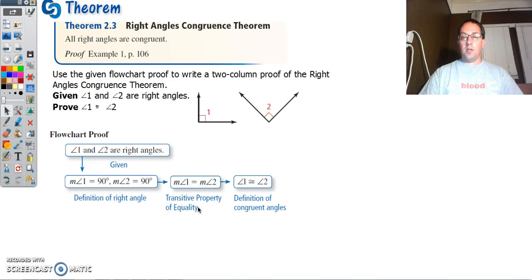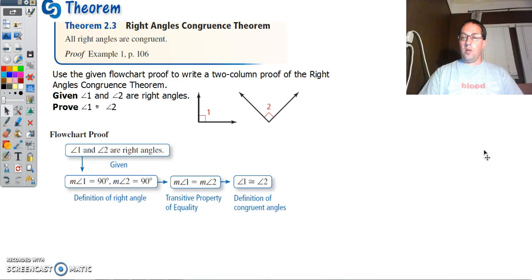Transitive property of equality. And so we have the measure of angle 1 equals the measure of angle 2. Well, if two angles have the same measure, by definition, they are congruent. So we have now proven that this theorem is true, and we've done it in a flowchart.